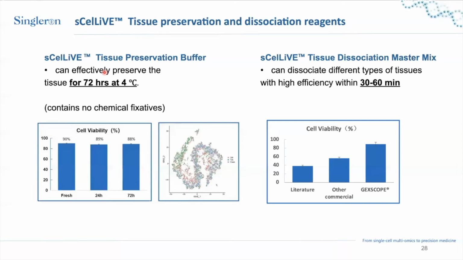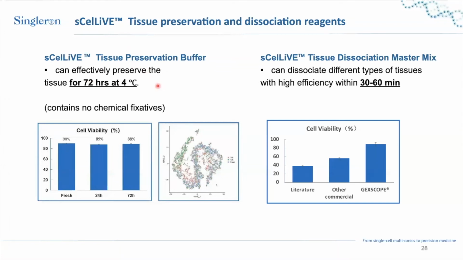So the transcriptome is affected, and you don't want to have this effect. So that's why almost all of them, unless you're going for frozen tissues or nuclei, require you to have fresh samples immediately processed. So we want to solve this issue by coming up with this tissue preservation buffer.